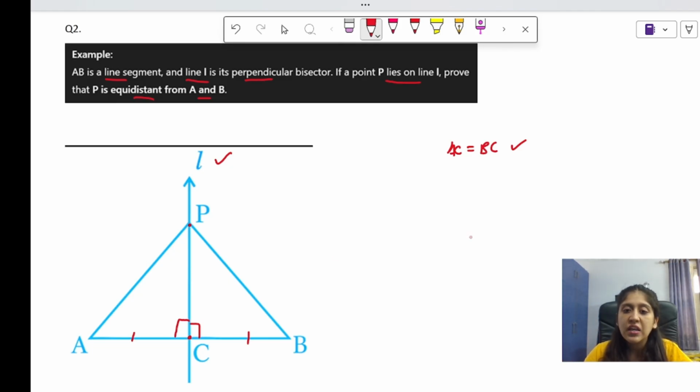We have to prove कि we have, what do we have to prove? Let me just write it. ठीक है, हमें क्या prove करना है? We have to prove AP is equal to PB. हमें ये प्रूव करना है. Why? Because equidistant from A and B मतलब A पॉइंट से और B पॉइंट से P equidistant है. मतलब this line is equal to this line. Yes, ये हमें प्रूव करना है. तो प्रूफ भी क्लियर है, गिवन भी क्लियर है.